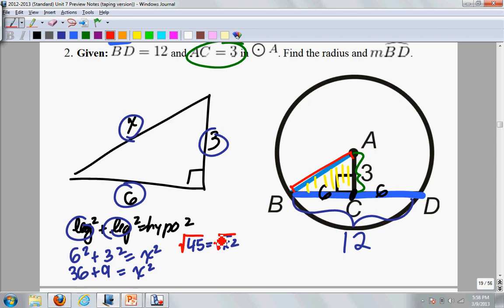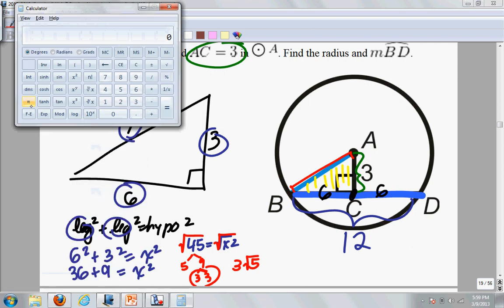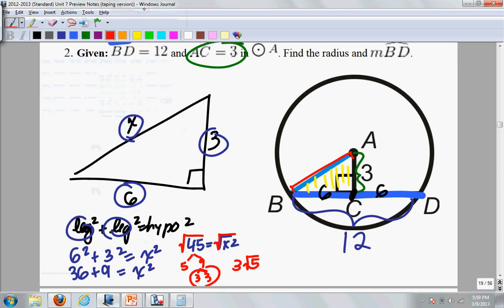There's two ways we can do this. We can factor it out, and we end up with 5 times 9, and then 3 and 3. So you pull out the 3, we have 3 root 5. Or we can just go square root of 45 since I don't specify, and we get 6.7.